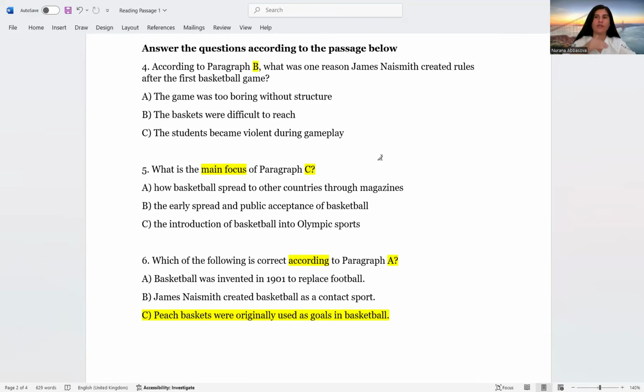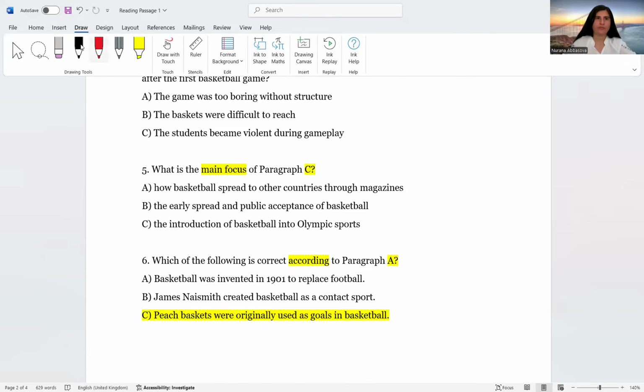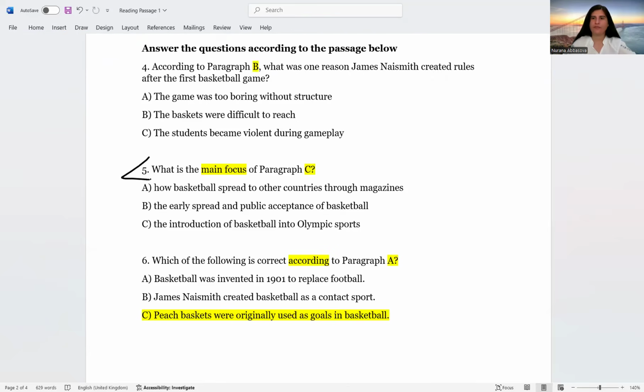We didn't go in the same order. Are you talking about 5? Oh, sorry. Yeah, you're right. I'm so sorry. Paragraph B. We were reading paragraph B.